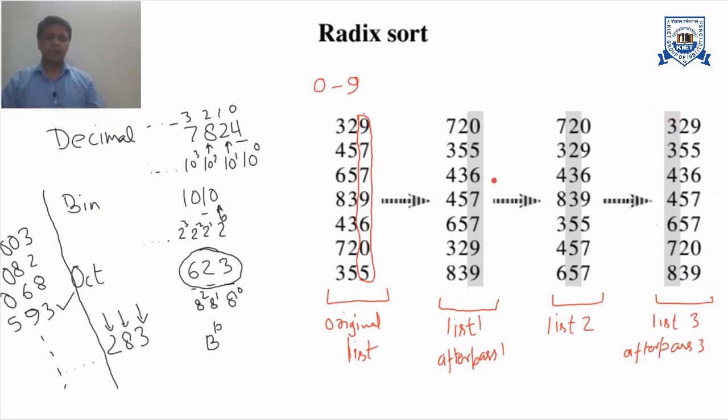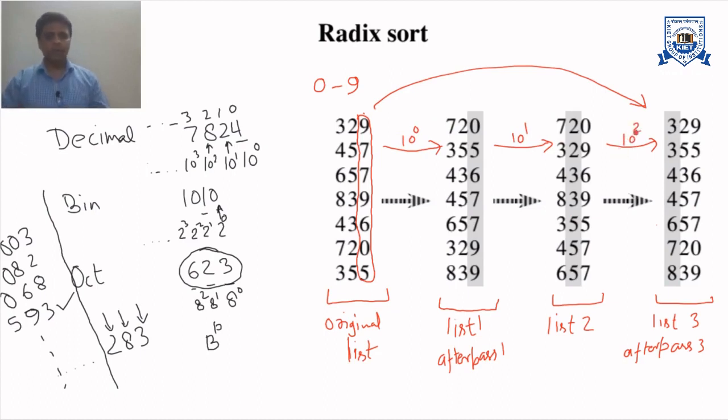And now you can see the whole list of numbers is sorted. While performing sorting on the basis of digits, we perform it on the unit place, or 10 to the power 0 place value of the digits, then the 10 to the power 1 place value, and then the 10 to the power 2 place value of the digits.